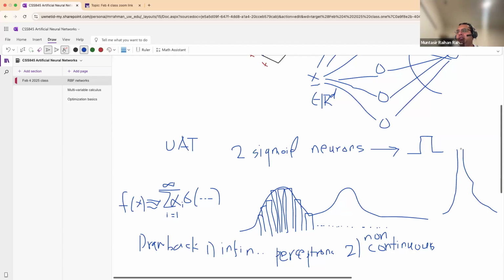The problem is that the gradient at this point, the derivative of the function with respect to dx, is infinity.